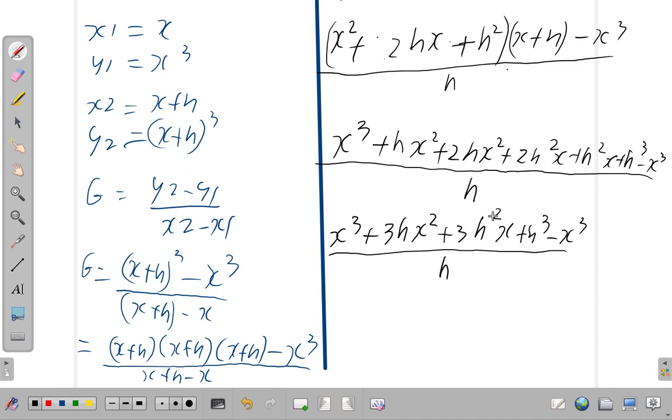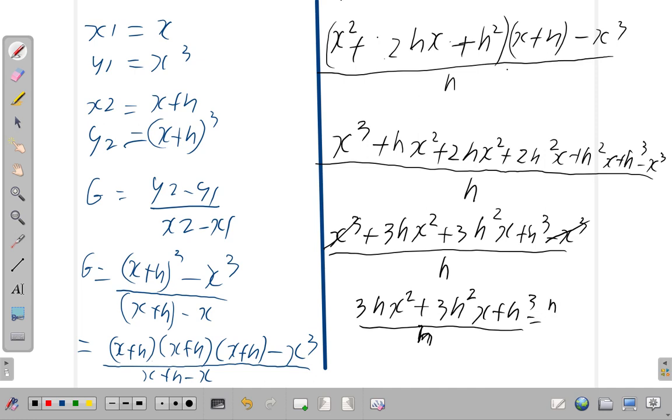Notice here, this x cubed and this x cubed, we could put them side by side and get x cubed minus x cubed. So the x cubed is gone. What we have up top here is 3hx squared plus 3h squared x plus h cubed over h. We could factorize.